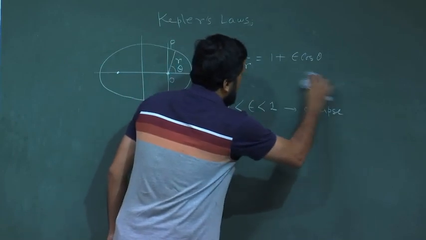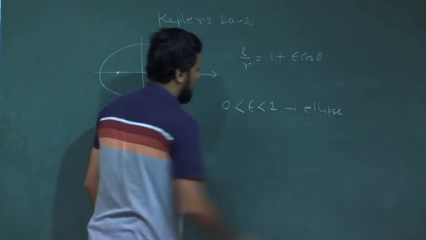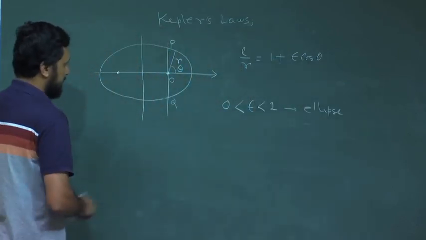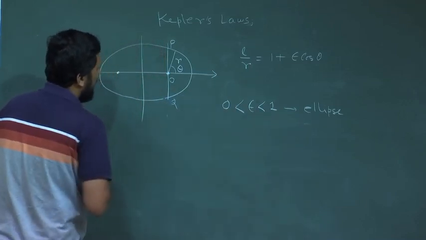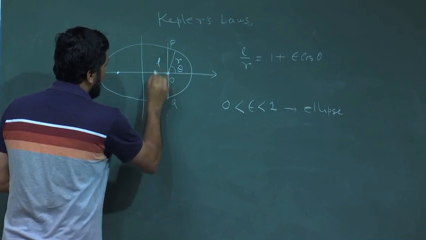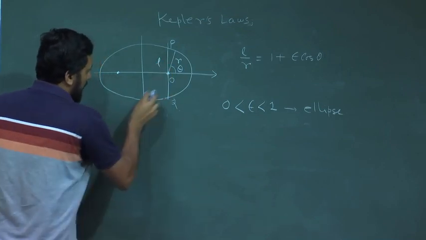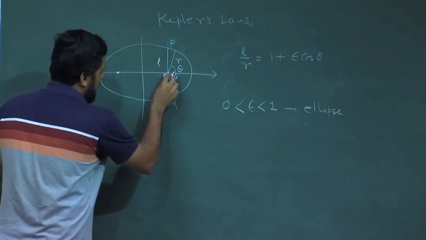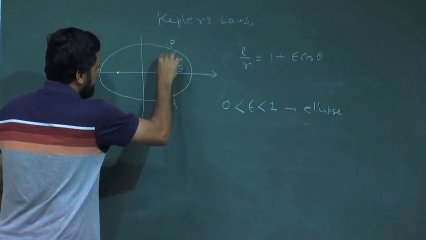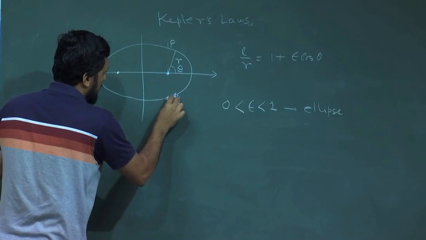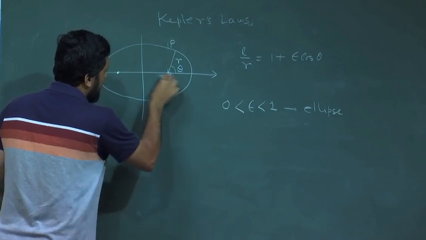Right now, we are talking about the elliptical orbit, this general equation with this condition on epsilon, and we know that this length is L, this length is 2L. Also, now we have to define two parameters A and B. Let us try to do that.